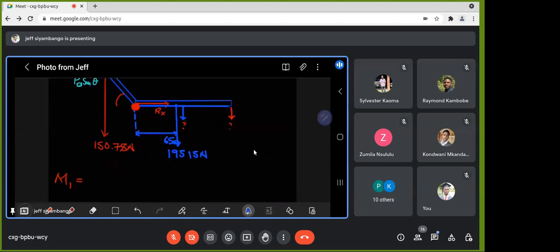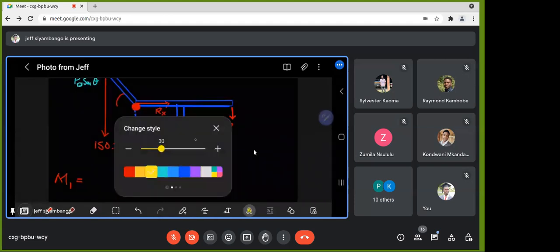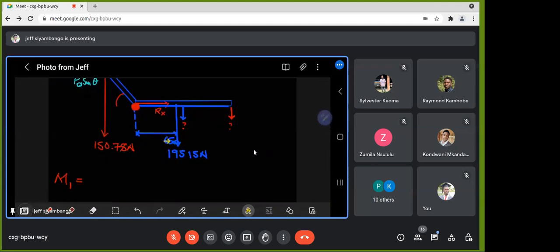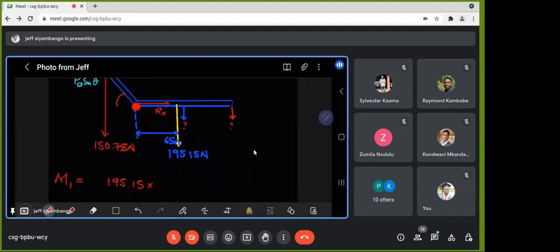Let me start with the weights. Let me start with this weight here. For this weight, we calculated it to be 195.15. That was the weight times the distance. What will be the distance? It's the perpendicular distance from the pivot to the line of action of the force, which is exactly this distance here.